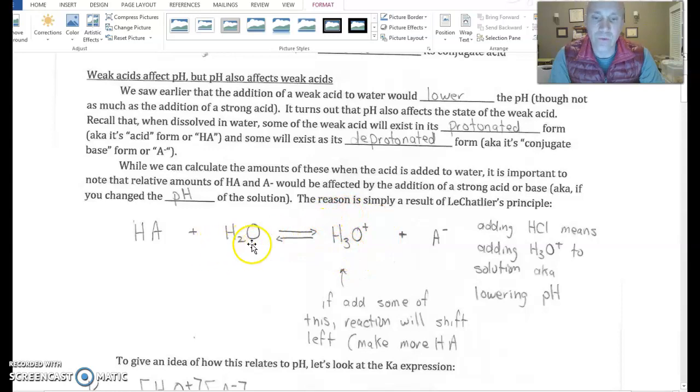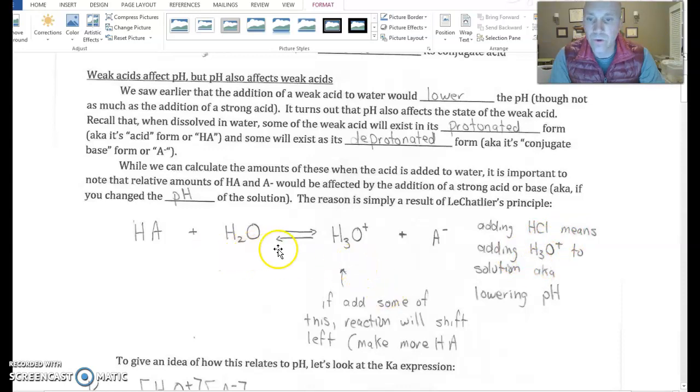In this equation, we generally assume that H3O+ is getting created from your weak acid. But the reality is that as far as this reaction equilibrium is concerned, it doesn't care where it gets this H3O+. So if you were to add some strong acid, something like hydrochloric acid, that's essentially the same thing as adding some H3O+ to that solution.